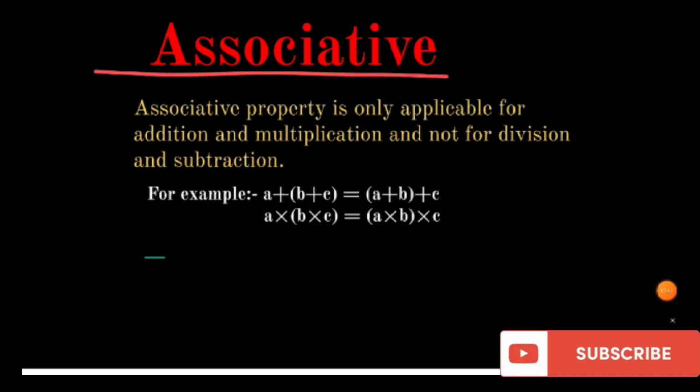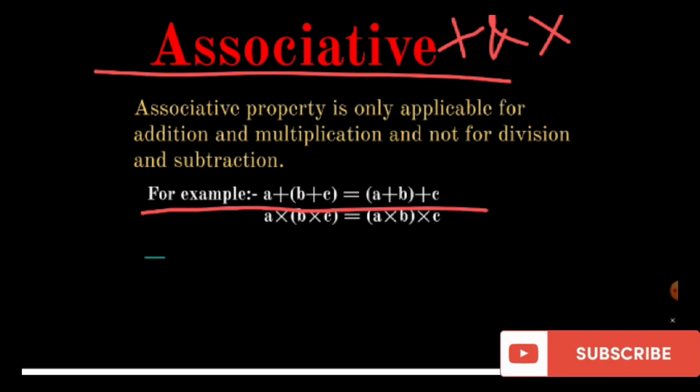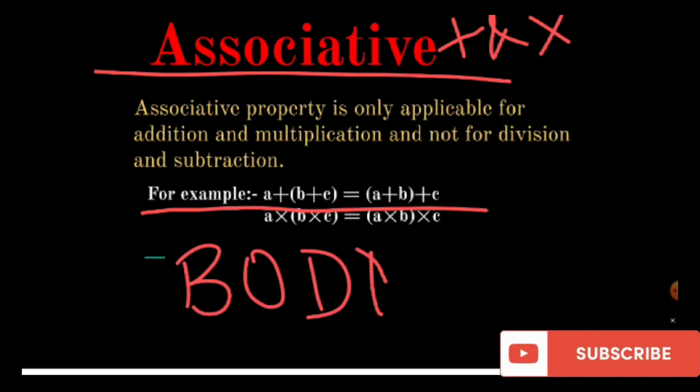The associative property is only applicable for addition and multiplication, not for division and subtraction. Let's understand. For example, a plus in bracket b plus c is equal to in bracket a plus b, bracket close, plus c. Have you learned about BODMAS? Let me revise it once again.